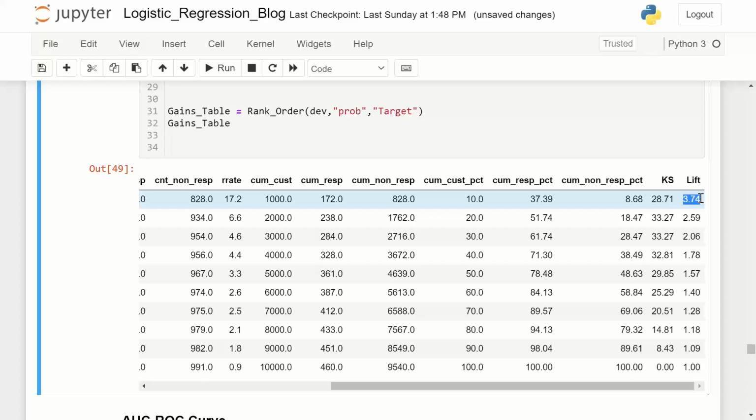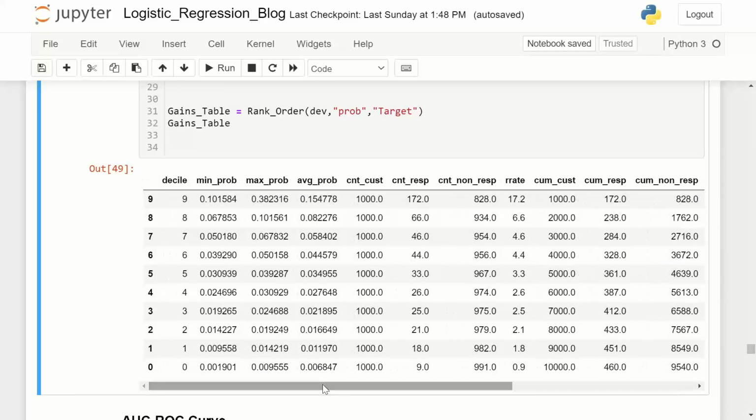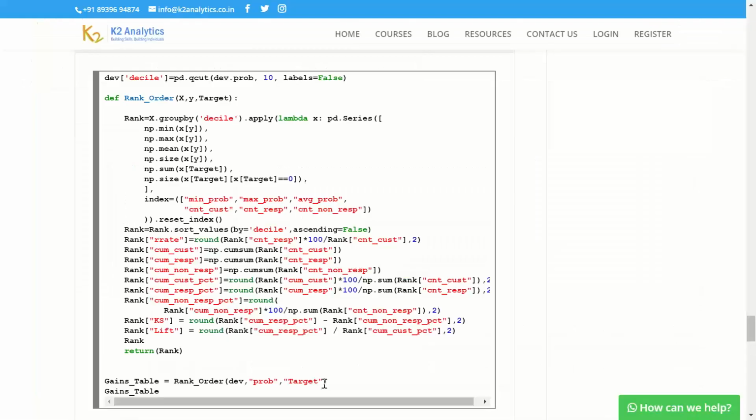Even that is a good way of looking at a model. However, I always prefer KS statistics. But what I have demonstrated is, if you add more independent variables which have got good predictive power, you can improve your model.